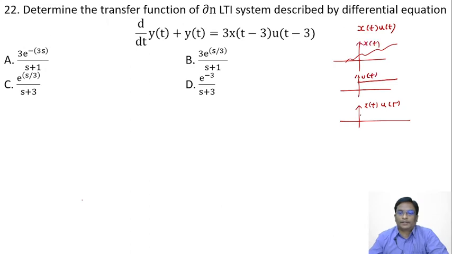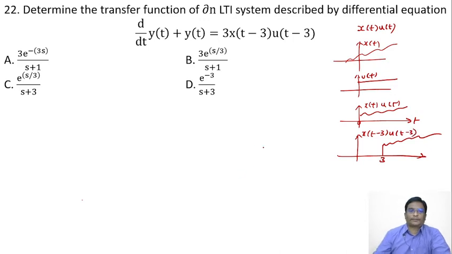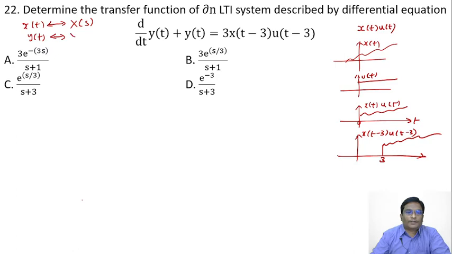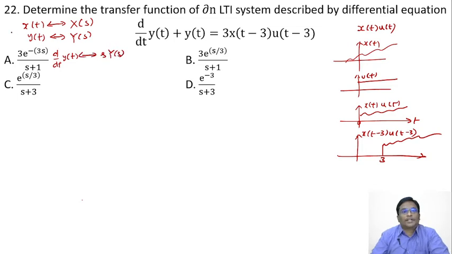If I multiply these signals, I'll get some signal like this starting from 0. And if I delay this entire signal by 3 units, the entire signal shifts by 3 units: x of t minus 3, u of t minus 3. And we know one thing: if the Laplace transform of x of t is x of s and of y of t is y of s, then d by dt of y of t will give s into y of s, neglecting the initial conditions.